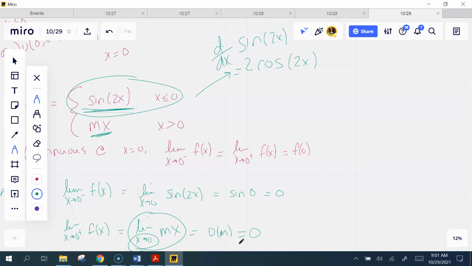So at 0, I would do 2 cosine 0. The cosine of 0 is 1, times 2 is 2. Now we need to plug into the second equation and check whether it's differentiable at that point.